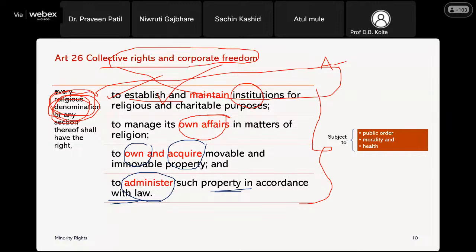As we said, no right in the Indian Constitution is absolute, and therefore Article 26 is also subject to public order, morality, and health. These are the areas where the state can intervene and try to curb the unrestricted freedoms of religious denominations. This is the intervention power of the state.